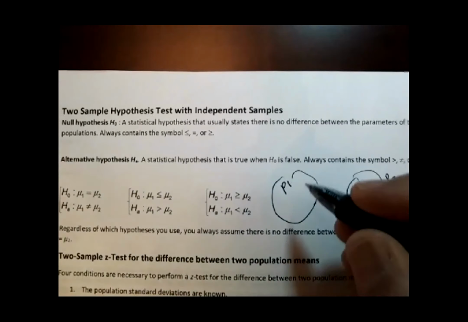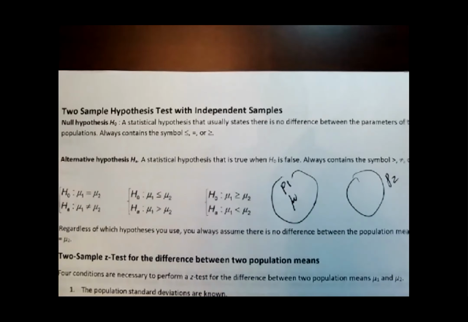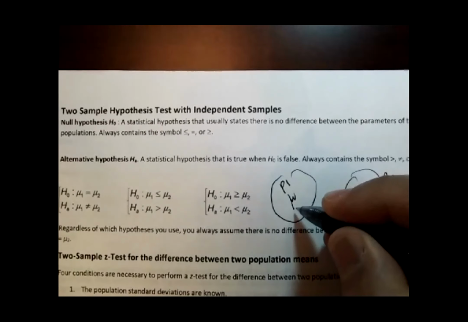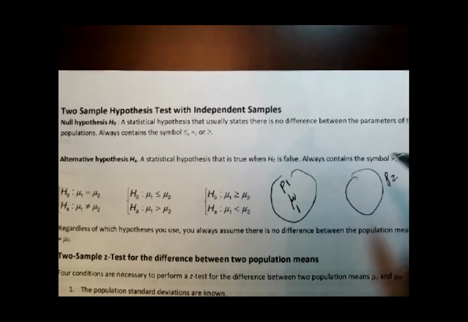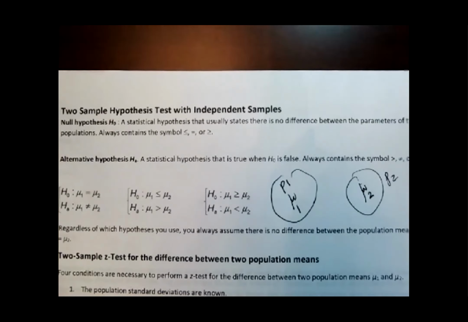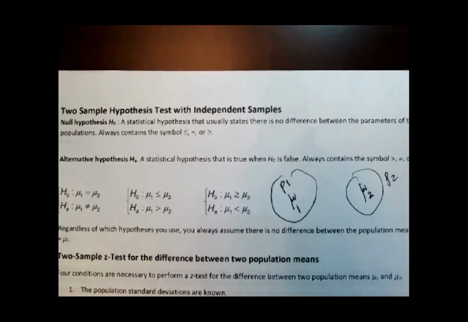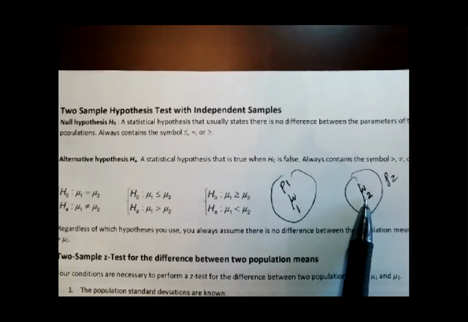In chapter 7, when we tested the mean, we called it mu. But since we have 2 populations, we're gonna have 2 means. So the first one is gonna be called mu1, and the second one is gonna be called mu2. So mu1 is the mean from population 1, and mu2 is the mean from population 2.